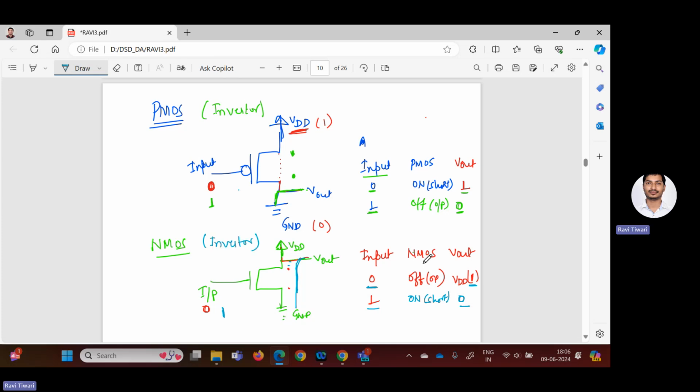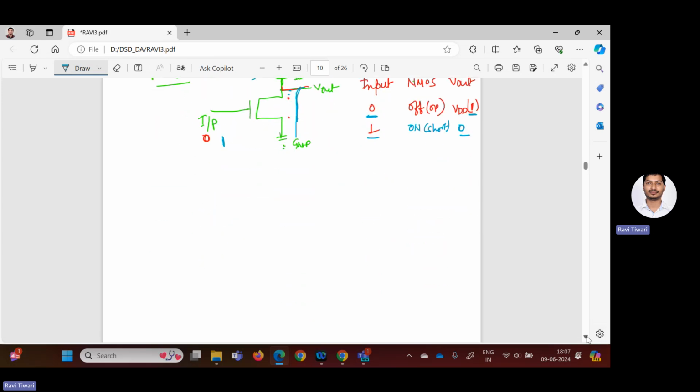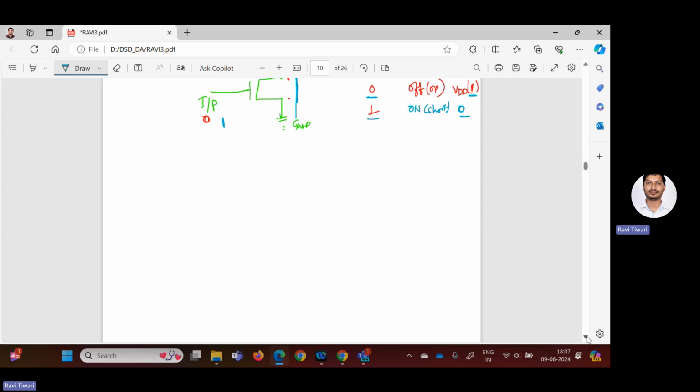So we have seen the functionality, how the PMOS is working and NMOS is working. For example, we need to design any circuit with the help of PMOS and NMOS, how we can do that. So next part we are taking. Here we will check designing of NAND gate, for example, design NAND gate using PMOS.